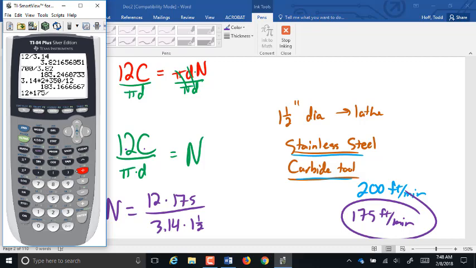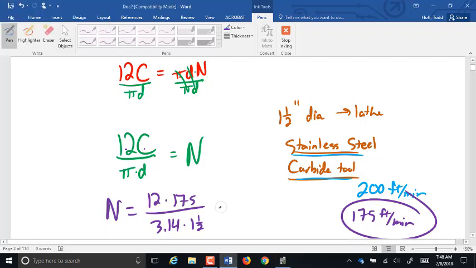Divided by, I've got to put this in parentheses down here: 3.14 times 1.5, and then close my parentheses. If you don't close the parentheses, it'll divide by the 3.14, but then multiply the top by 1.5. So I get 445.86. And that is RPM.